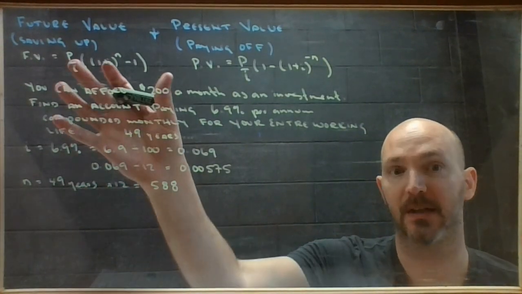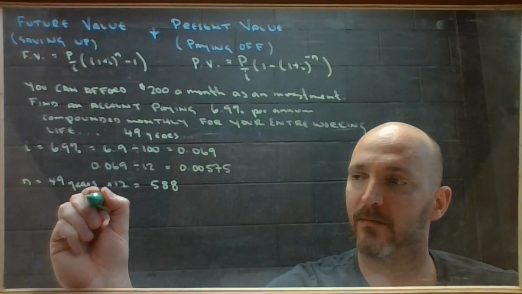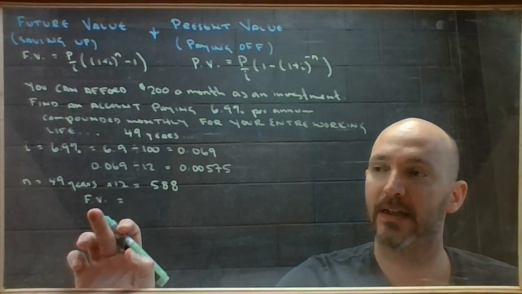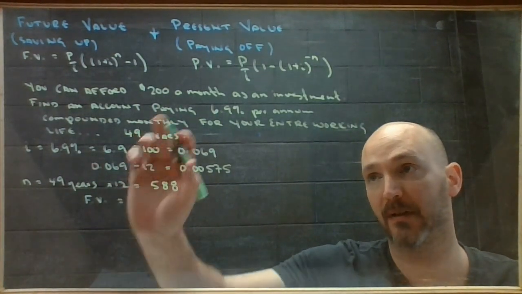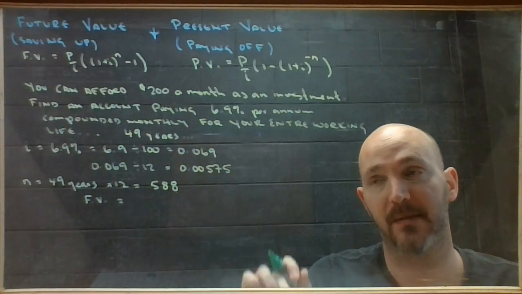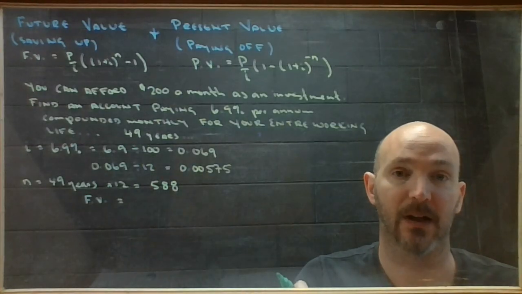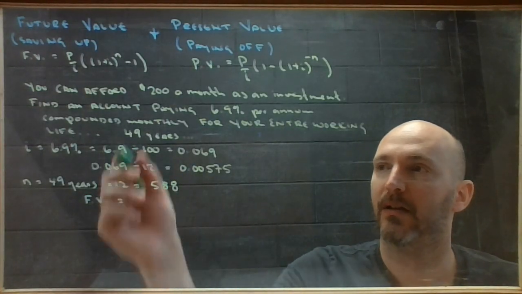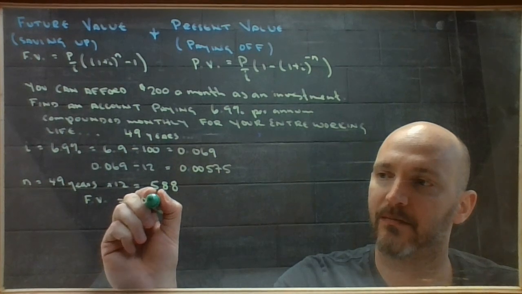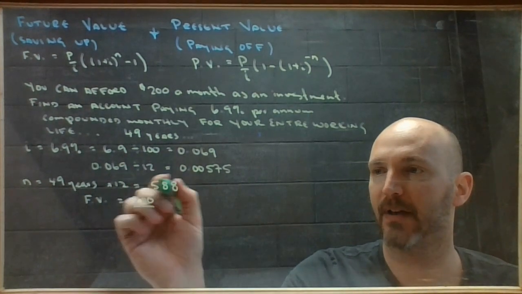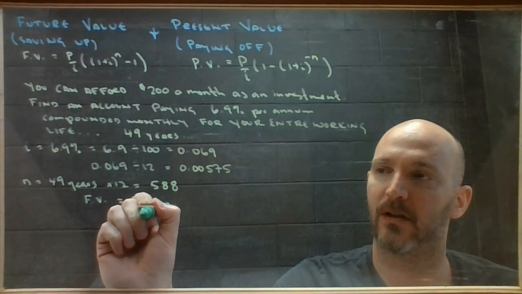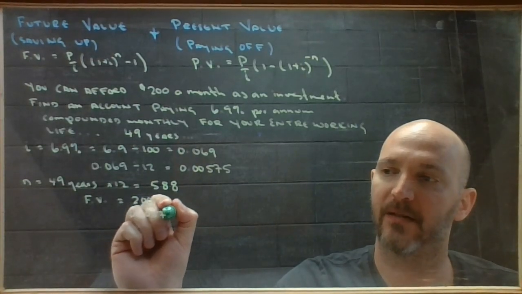Okay, so I'm going to take my build-up equation here. What exactly is the future value of $200 a month at 6.9% per annum compounded monthly if you do it for 49 years? Well, your payment is 200. Your i value is 0.00575.